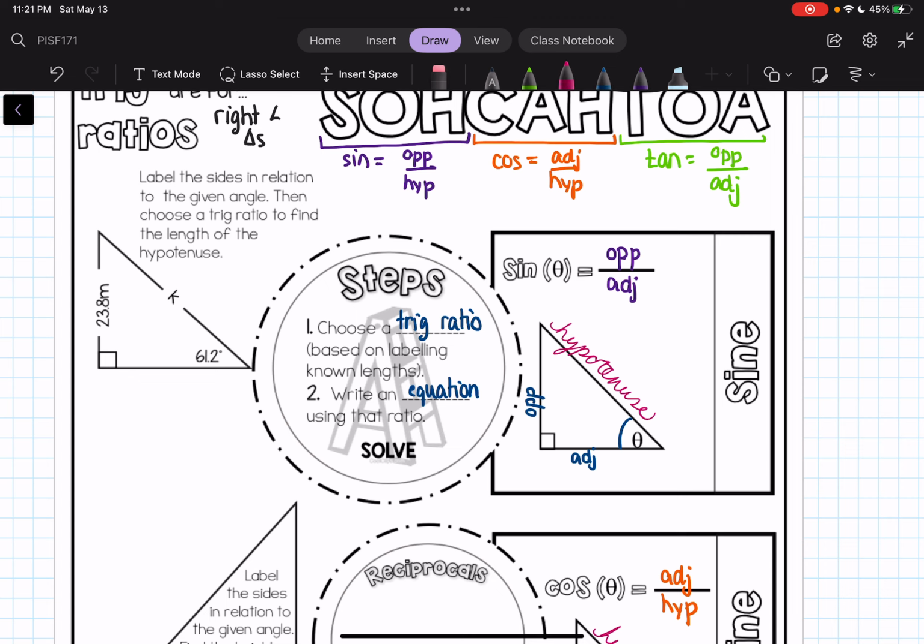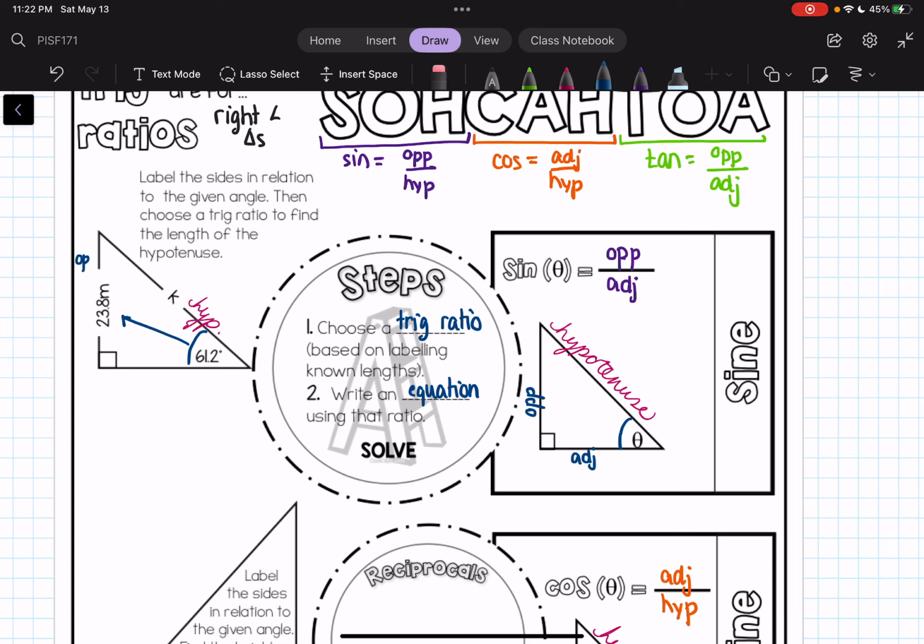So let's see what happens. In this first one, it says label the sides in relation to the given angle, then choose a trig ratio to find the length of the hypotenuse. And I've actually labeled my hypotenuse with the variable. So we know the hypotenuse is k. Here is my angle. So I have the opposite, right?